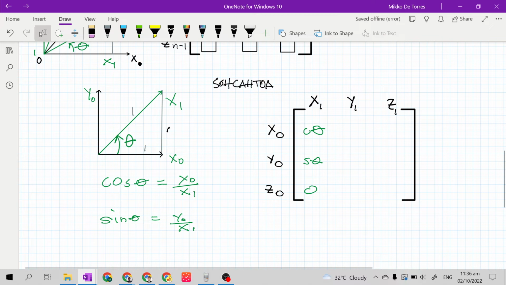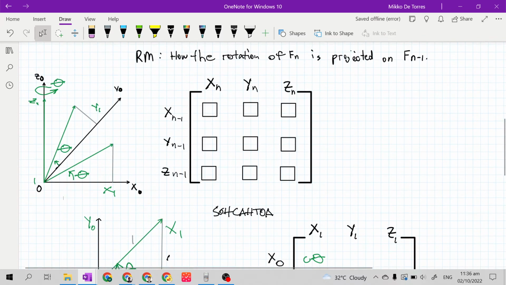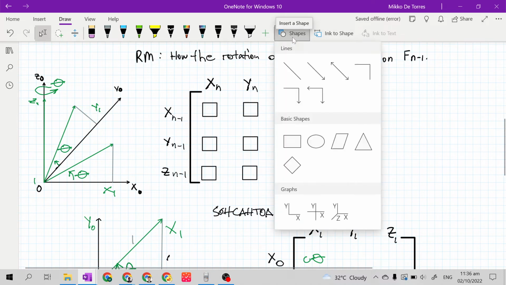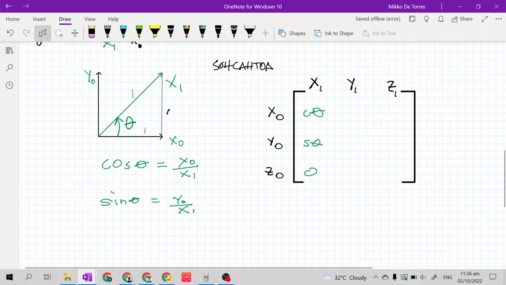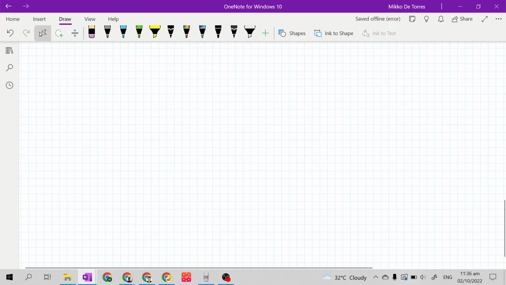Okay. Next, for our y sub 1 column, we will use this part of our frame 0 and frame 1. Okay, so I will redraw it and it will look like this.